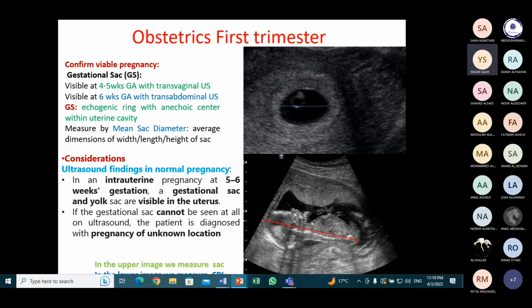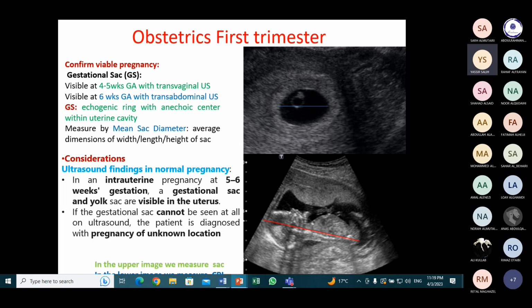Usually this patient presents complaining of amenorrhea, delayed or absence of cycle, and this may also be associated with nausea and vomiting. And late, of course, abdominal swelling. But the cardinal presenting feature is amenorrhea.